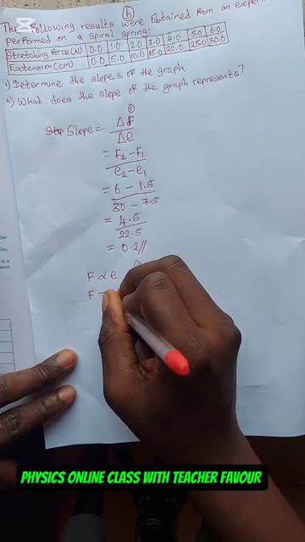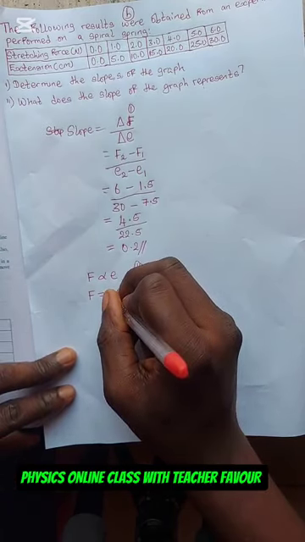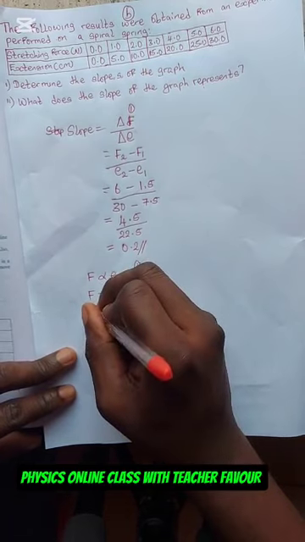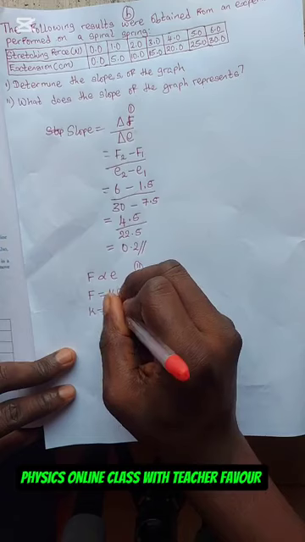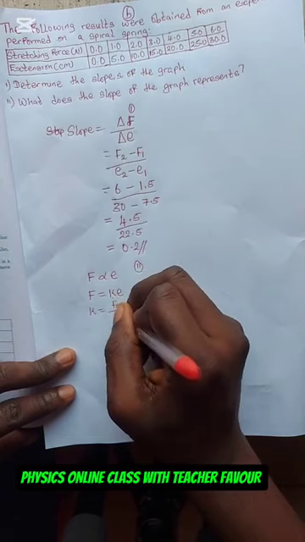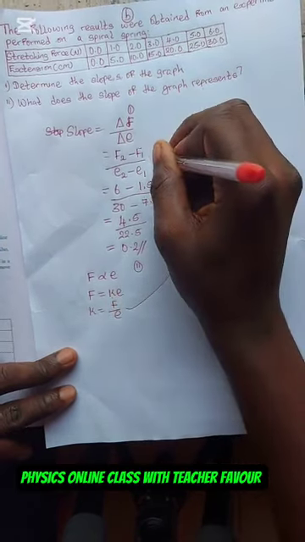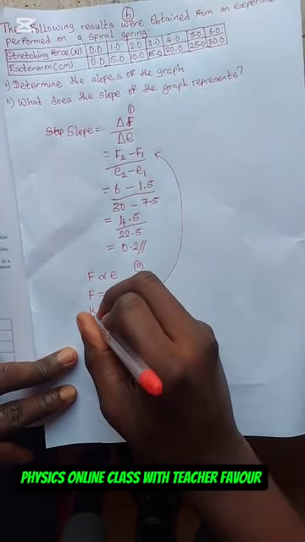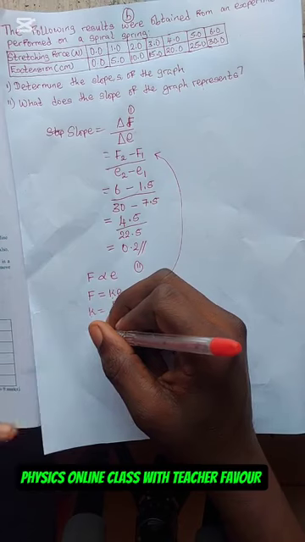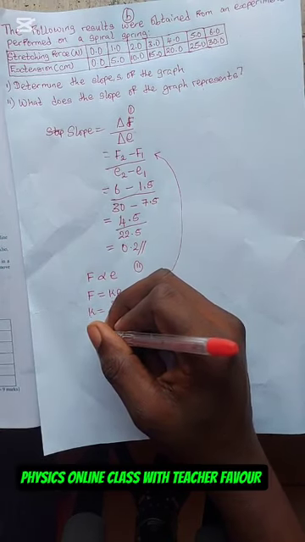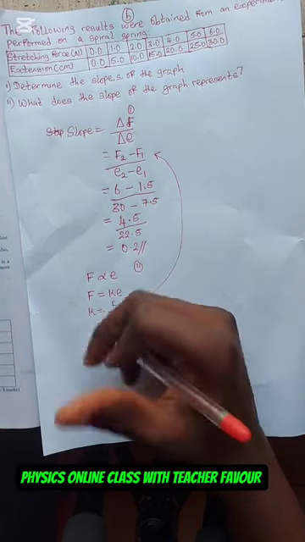K represents the force constant or elastic stiffness. So if we make K the subject of the formula, we are going to have force over extension, which is this. So therefore, the slope of the graph represents the force constant or elastic stiffness.